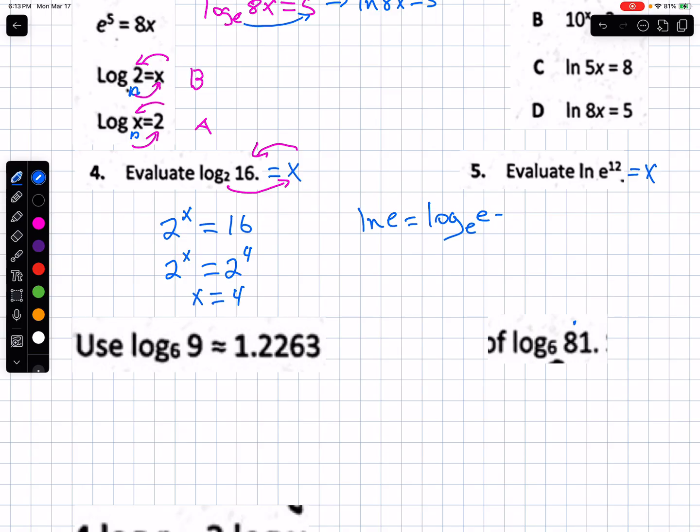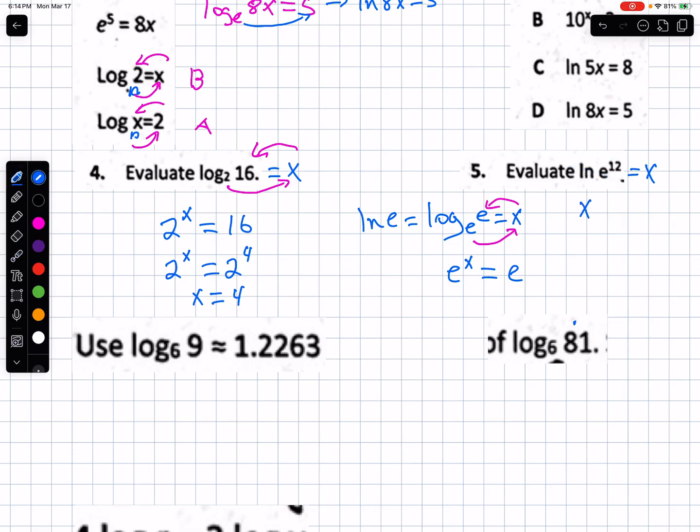And if I make this equal x, and then I rewrite exponentially, I'd write e to the x equals e. So e to the x power equals e. Well, what does the exponent have to be up here? 1. So what does x equal? 1. So what does ln e equal? 1. Because that 12 comes down in front, the ln e just cancels, and it's 12 times 1 or 12. So x equals 12.